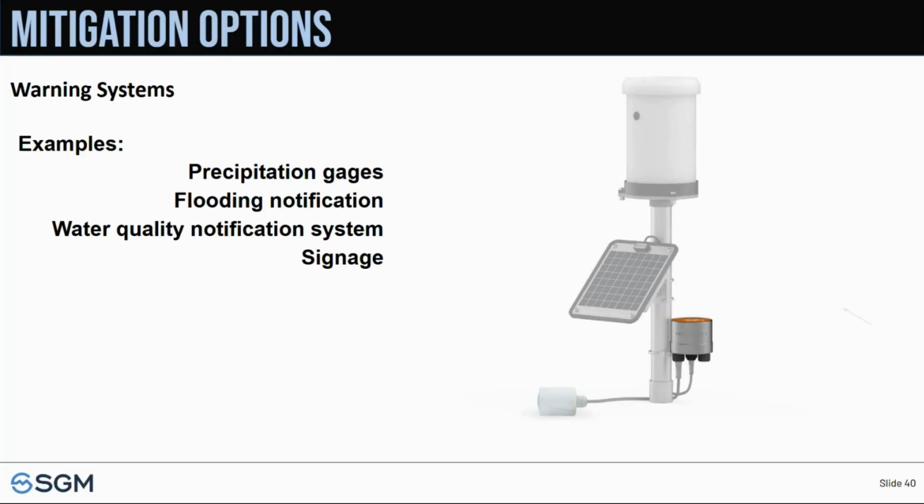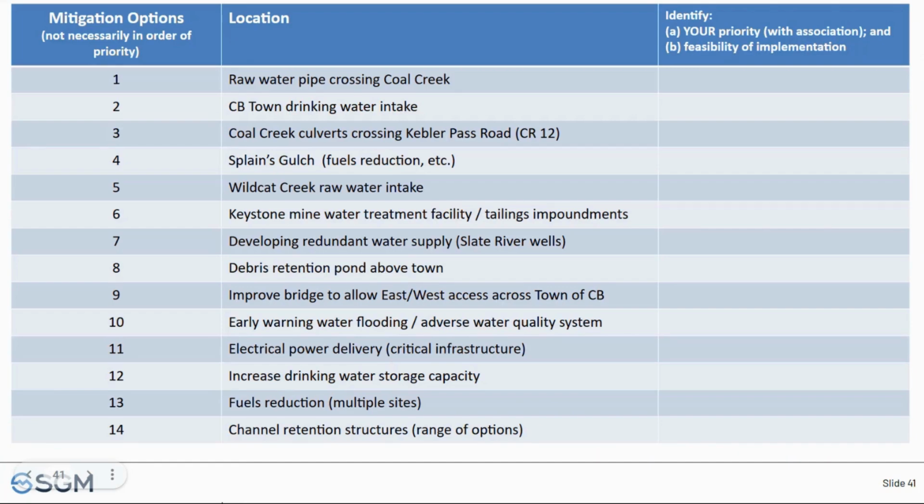We developed kind of a rough list of what some options are, including the raw water pipe, to doing fuels reduction. These aren't necessarily in priority, but something that would be great for those of you that have come is, based on your knowledge of town, your experience in the area, this presentation.